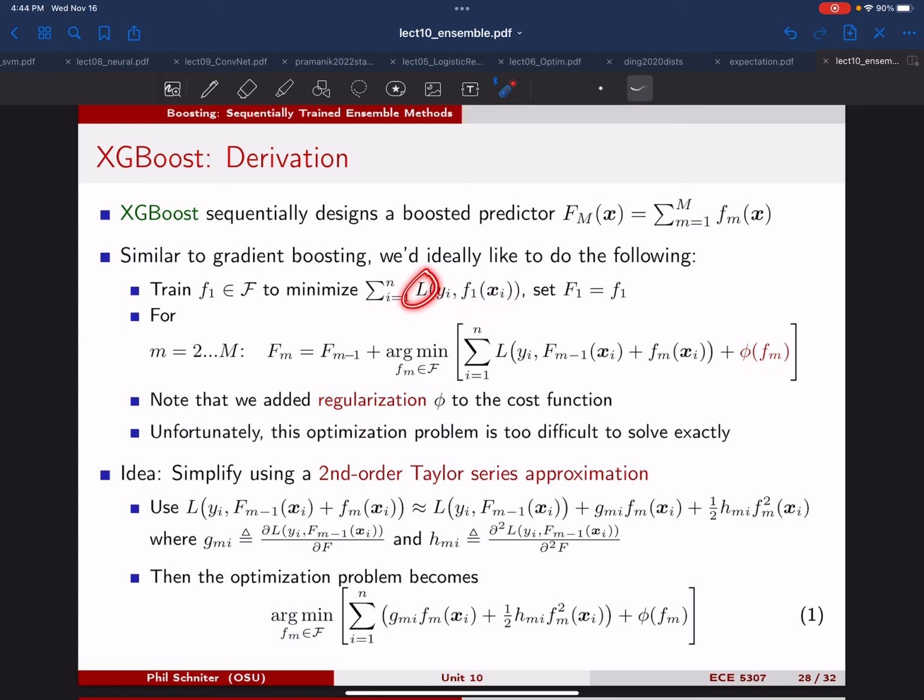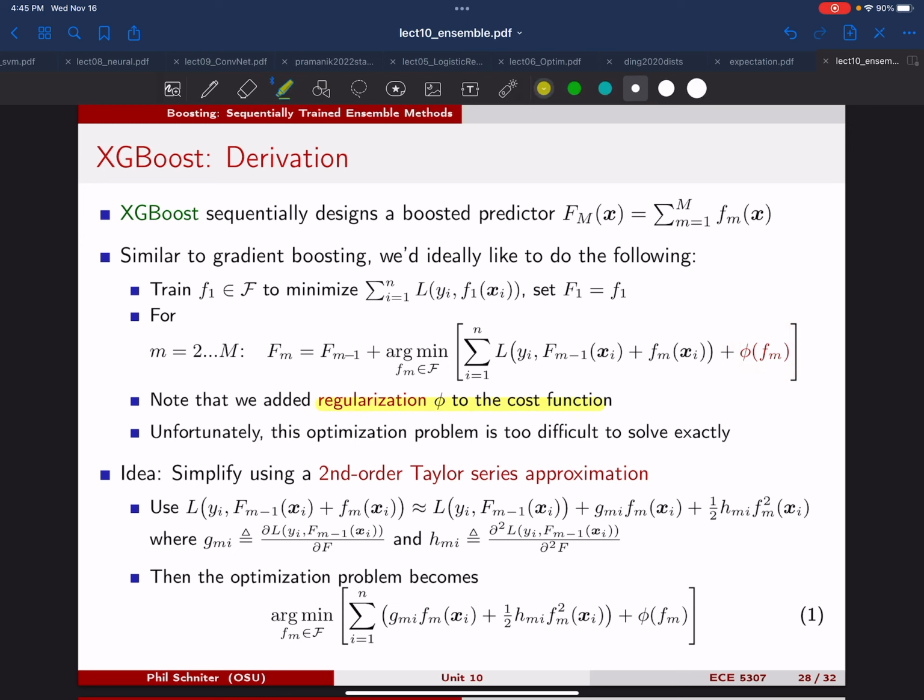Here you can see we're using some loss function, trying to be as general as possible. Once you have that first base predictor, you set that as your first boosted predictor, and then you design the next base predictor. Ideally, we'd like to optimize the base predictor so that when we add it to our previous boosted predictor, we minimize the training loss, but also a regularization term.